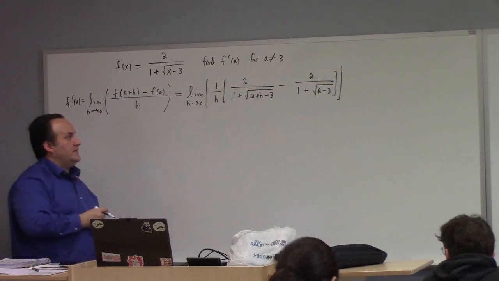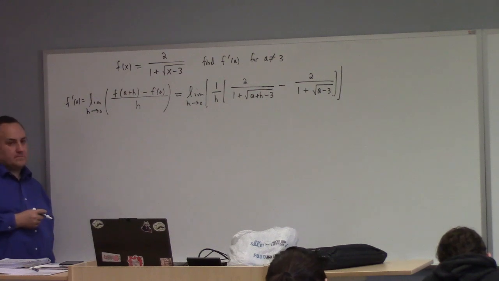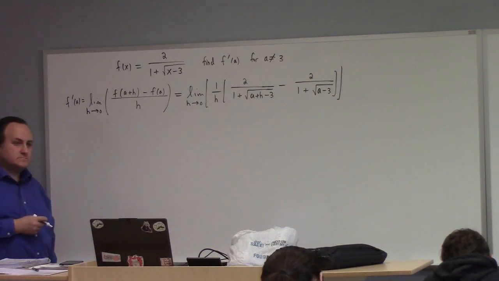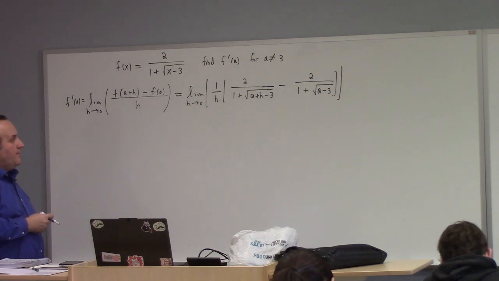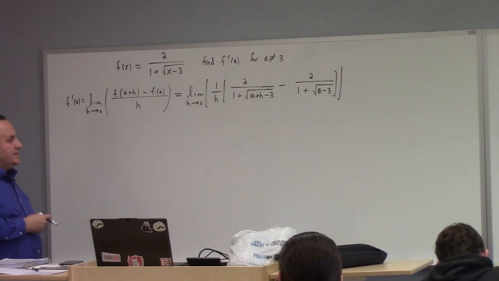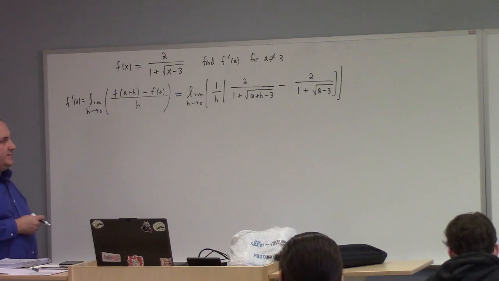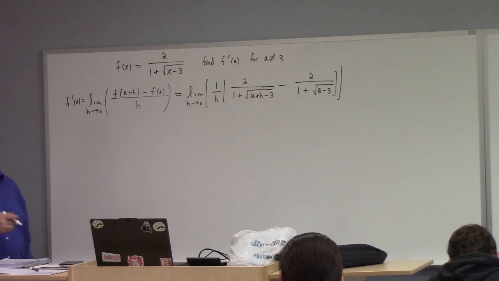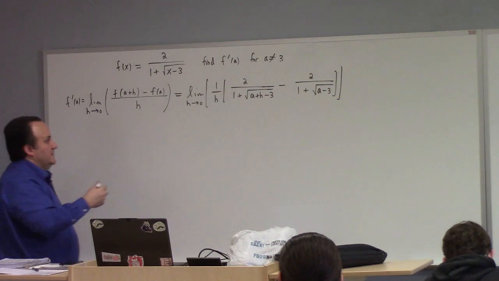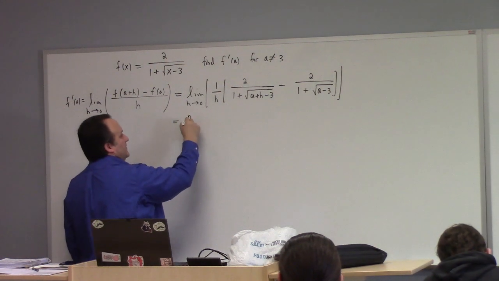So what do you think we should do here? My natural inclination would be to try to make a common denominator and see where that takes me, right? I might as well factor that 2 out, because it's everywhere. So just factor the 2 out and see what that takes us. So let's try that out.